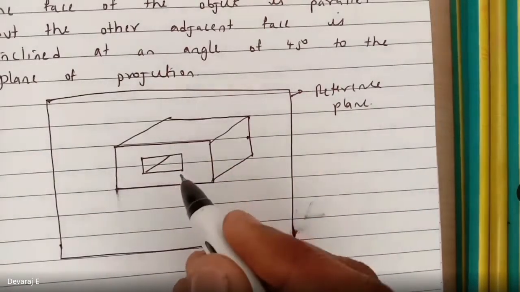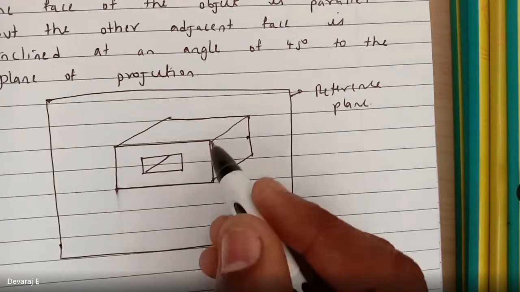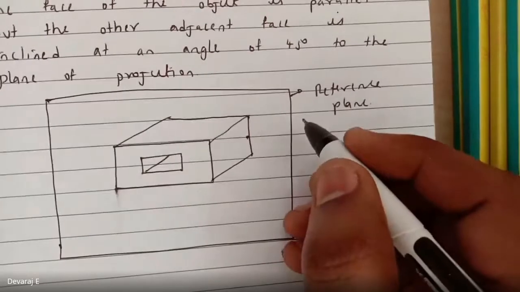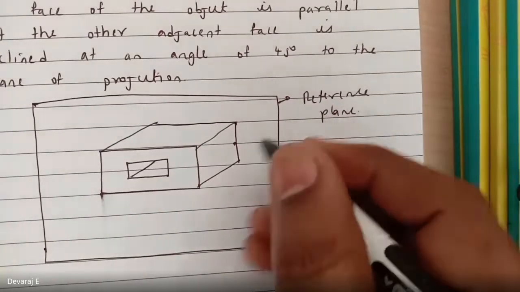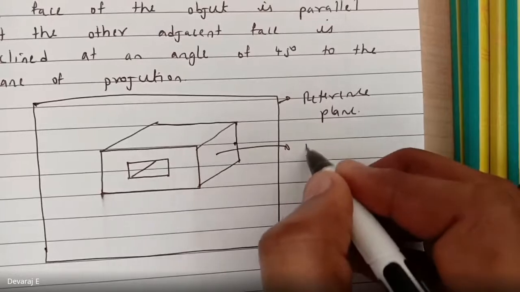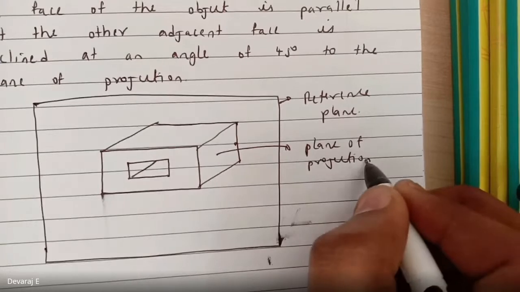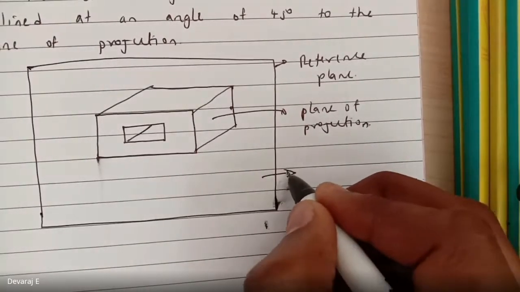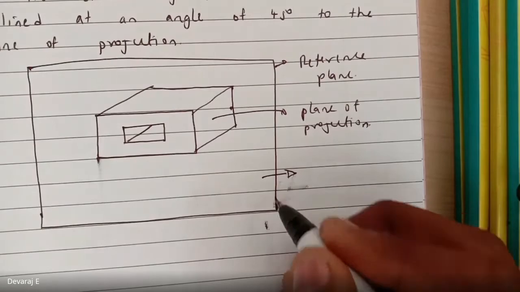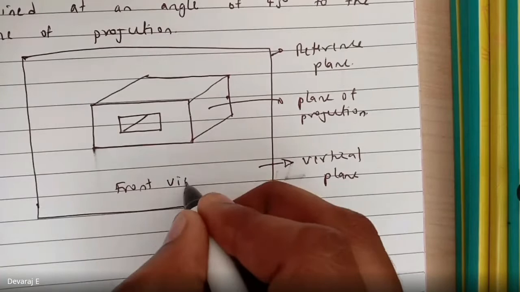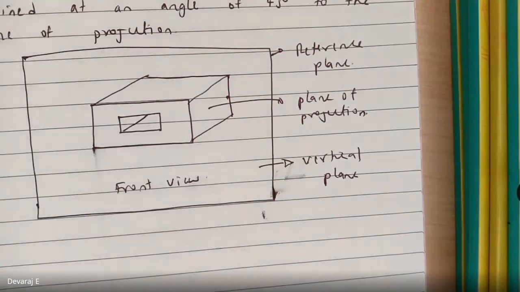Assume this is the image, or this is a picture, which is falling on the reference plane. Reference plane is called what? Plane of projection. Can anyone tell me which view is this? Front view. That is called front view, the vertical plane.